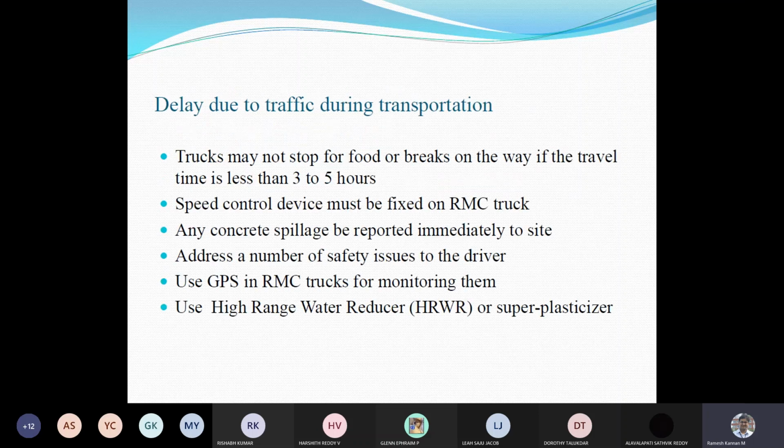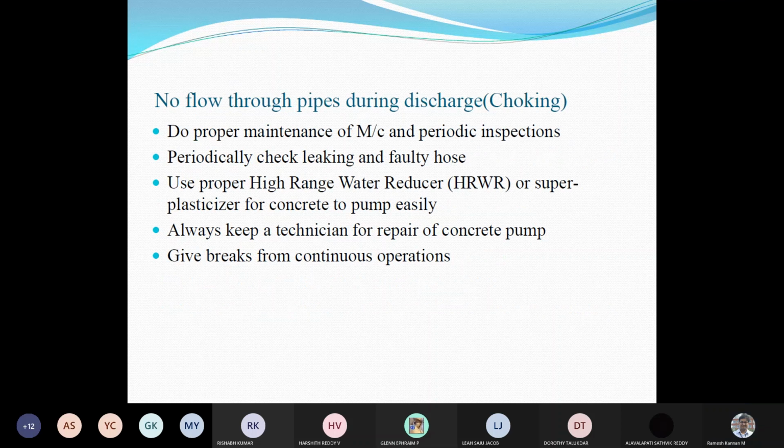And traffic maybe 3 to 5 hours. Nowadays we have Google Maps, so you can find out the current traffic scenario, right? So probably you can plan accordingly. And GPS in RMCs. Then we use high range water reducers or superplasticizers to make the concrete more fluid, and then add retarders and something like that.